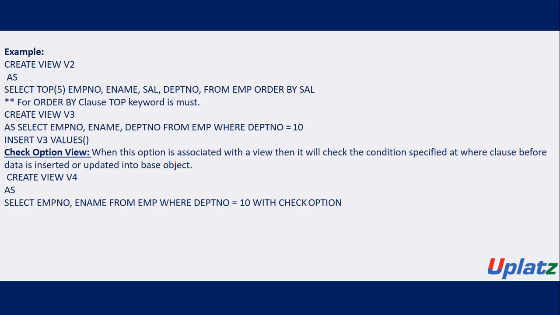Now we are going to discuss the check option view. When this option is associated with a view, it will check the condition specified at the where clause before data is inserted or updated into the base object. So why do we use the check option view?